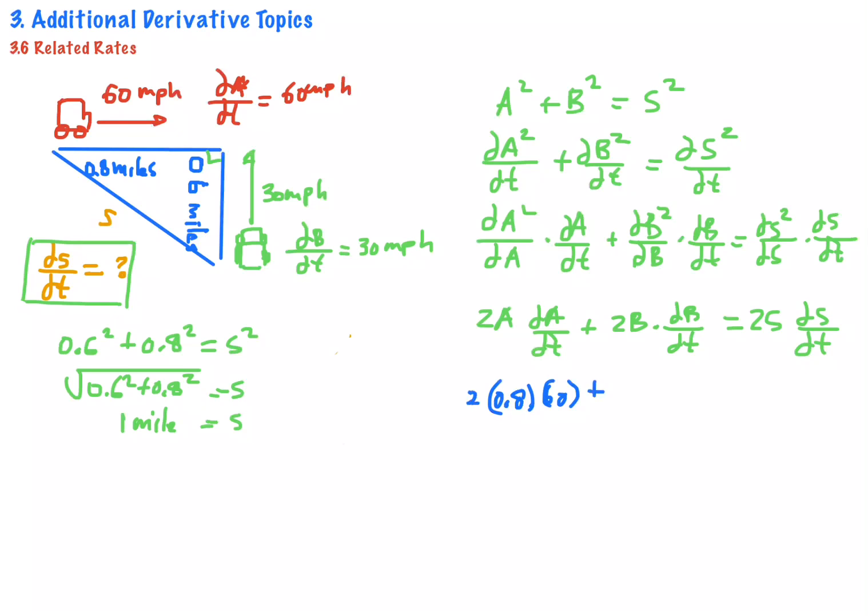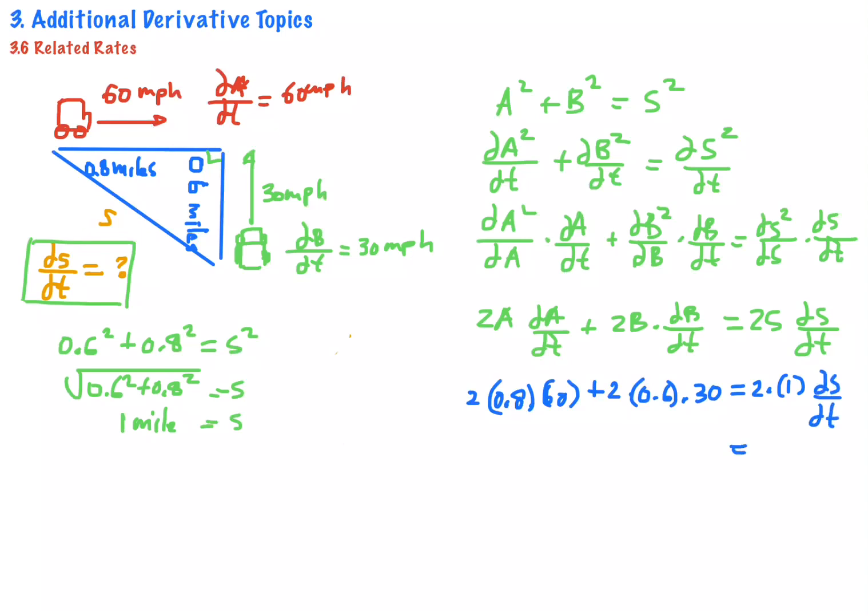I forgot to put the 2 over here: 2 times b. b is the distance of the green car, so 0.6 times dB over dt, which is 30, equals 2 times 1. s is 1 mile from our calculations, times ds over dt, the one that we're looking for.